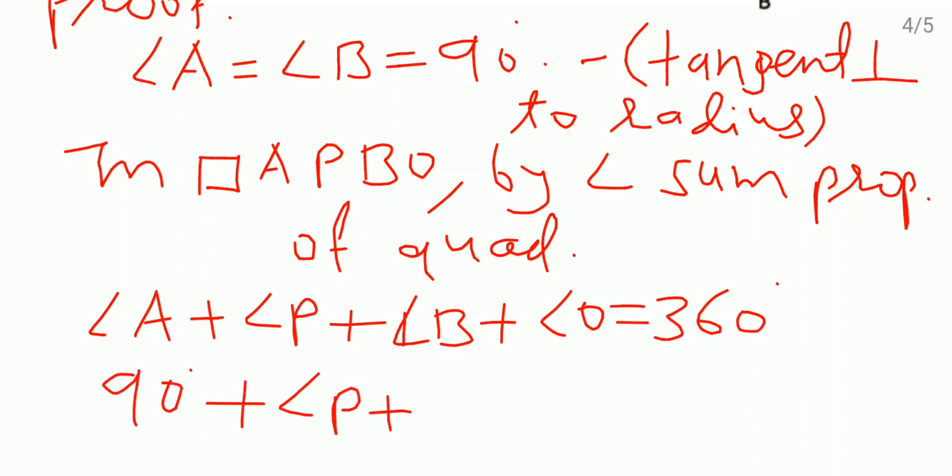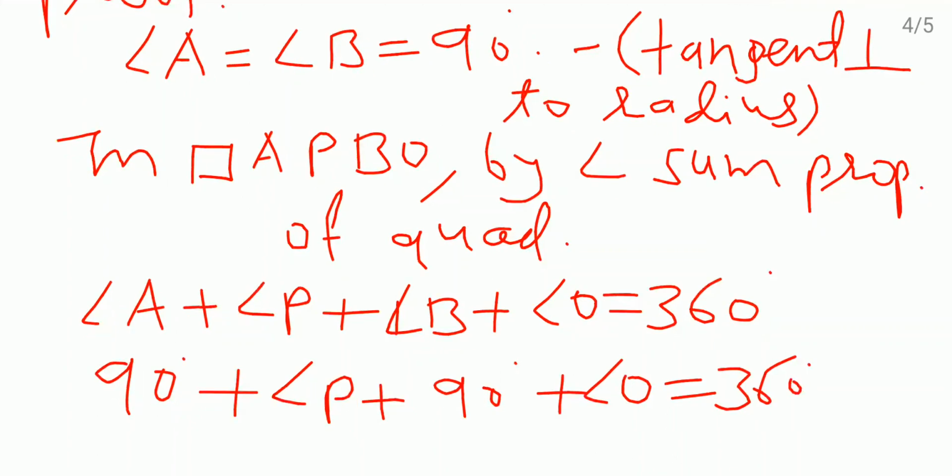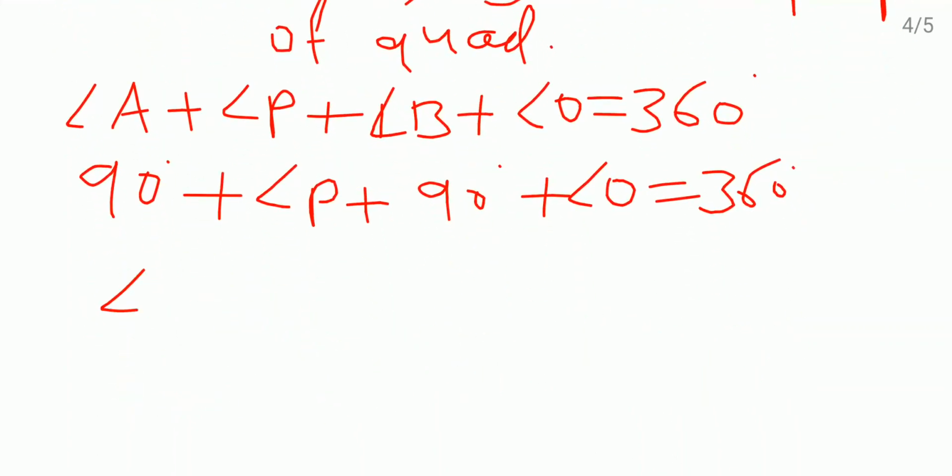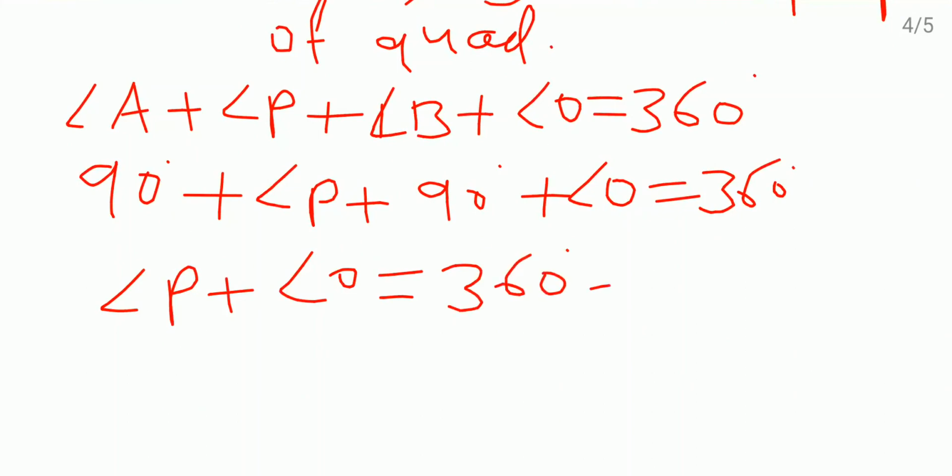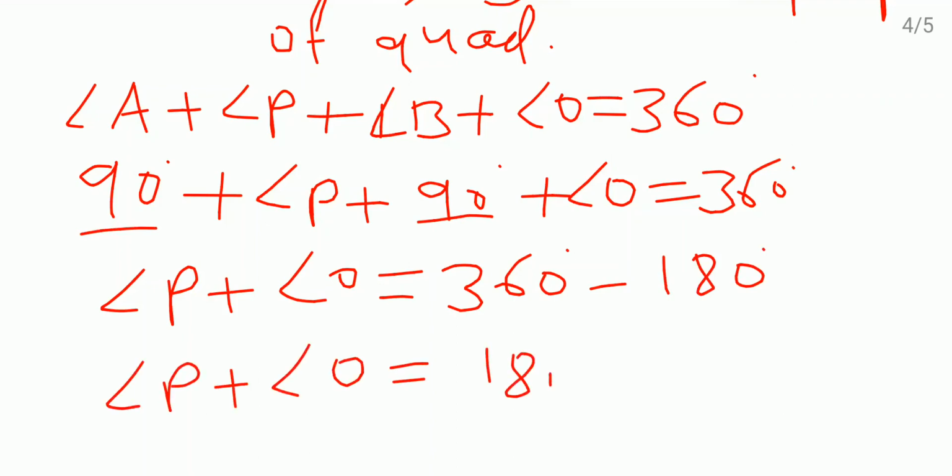Angle P we don't know. Angle B is also 90 degrees. Angle O we don't know. So this is 360. Here only angle P plus angle O is equal to 360 minus 180, because this 90 and this 90. So angle P plus angle O is equal to 180 degrees.